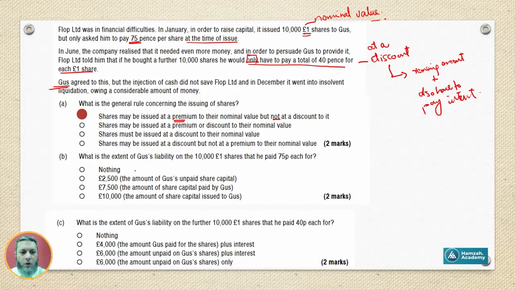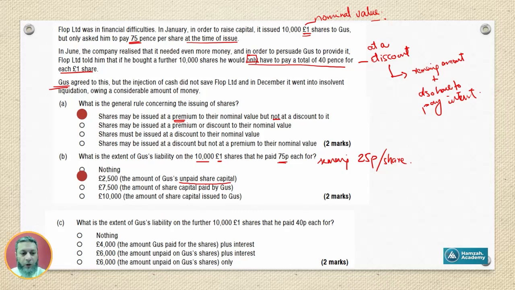Second one: what is the extent of Gus's liability on the 10,000 £1 shares that he paid 75 pence each for? Meaning there is a remaining 25 pence per share still due from him. So that costs £2,500, the amount of Gus's unpaid share capital only.